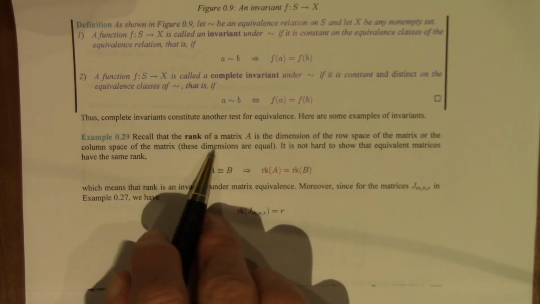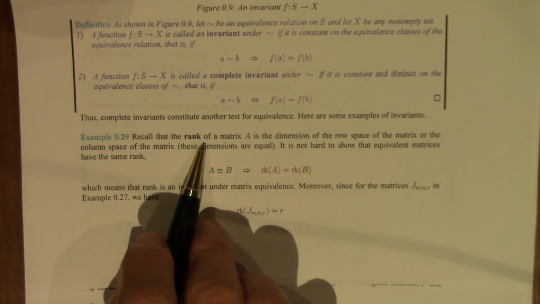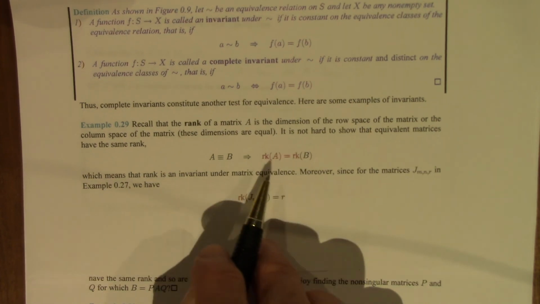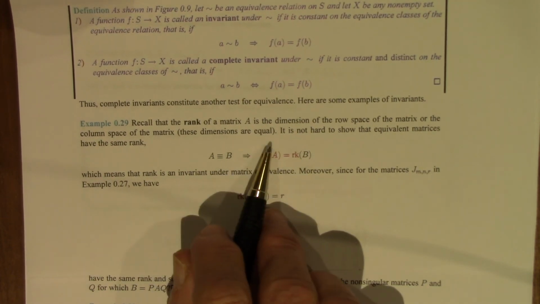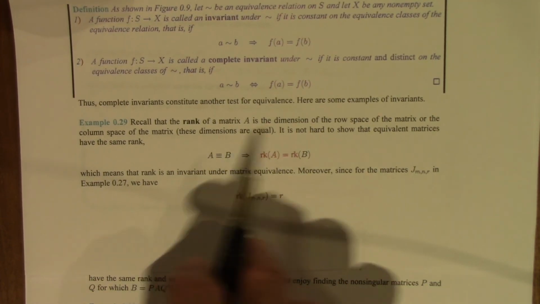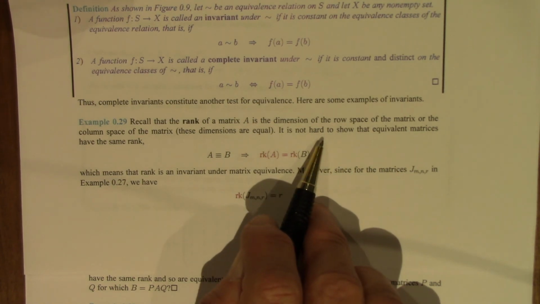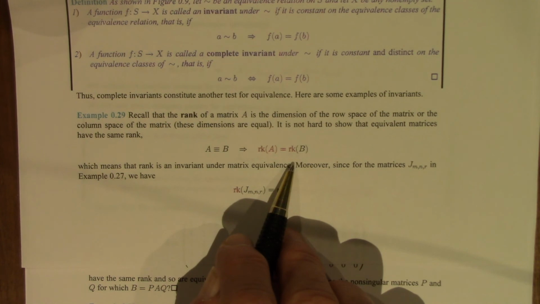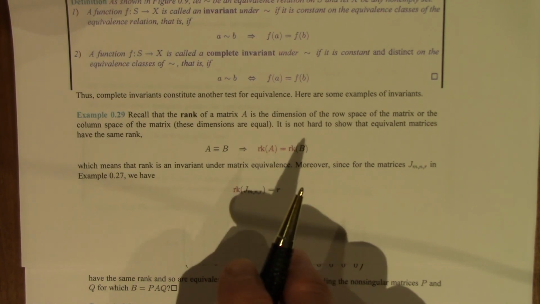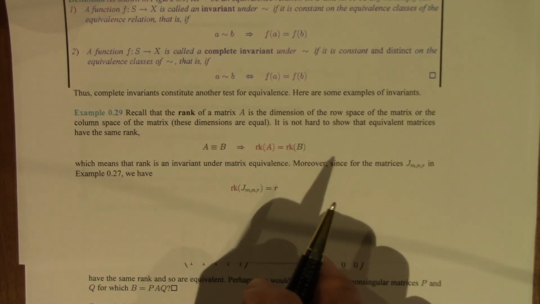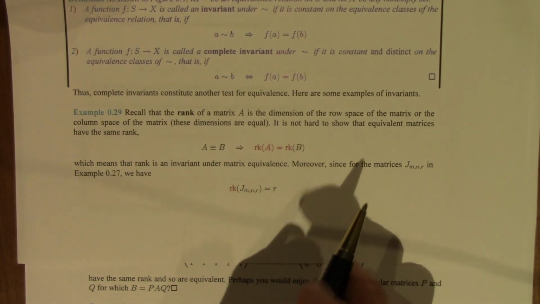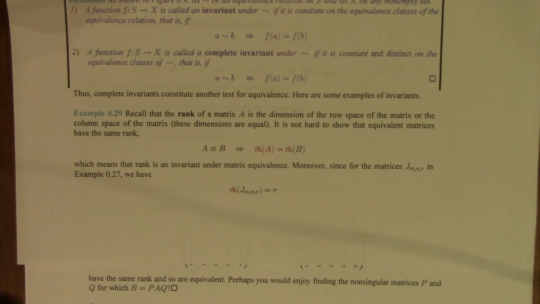Some examples, as we discussed: the rank of a matrix is a complete invariant for matrix equivalence, because two matrices are equivalent if and only if they have the same rank. They have the same J matrix, which is equivalent to saying they have the same rank.